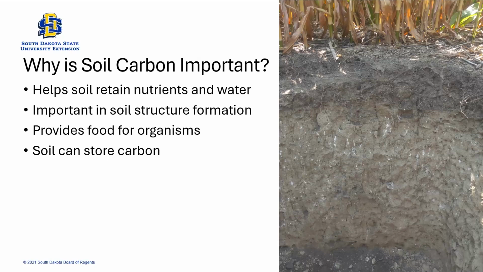And carbon also is important in the formation of soil structure, where carbon will bind with sand, silt, and clay particles and form aggregates or clods or whatever you want to call them. When the aggregates are more strongly held together, they're less likely to break down when wetted, which, if you have stable structure when the soil is wet, keeps the aggregates together and allows water to infiltrate into pores in the soil.